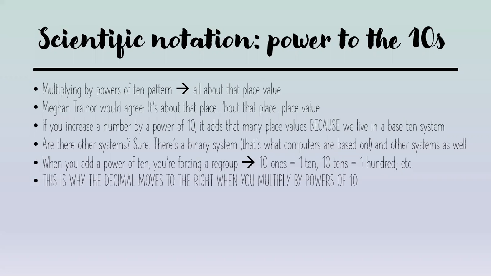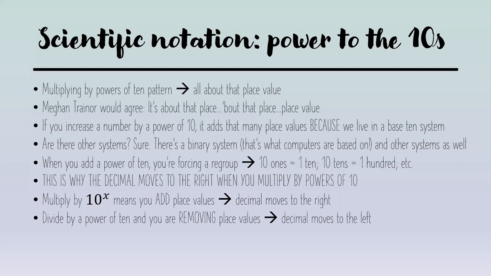So that is why when you're multiplying by a power of 10, 10, 100, 1000, the decimal moves to the right because you are forcing this sort of regroup. You're multiplying by a power of 10. So you're adding that place value. So it tells us how many place values to add. 10 is one place value, 100 is two place values, and so on and so on.